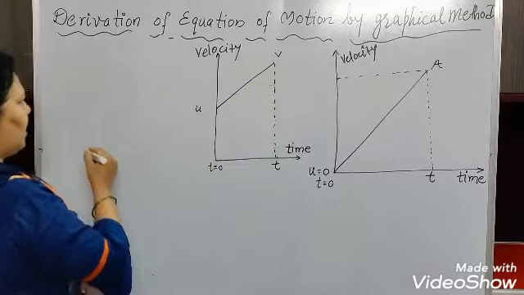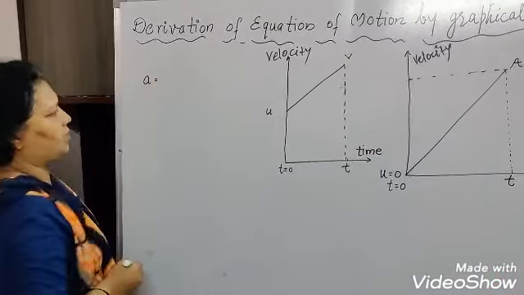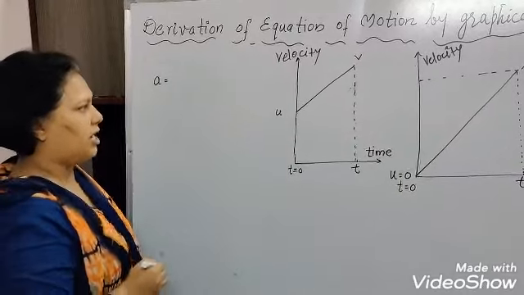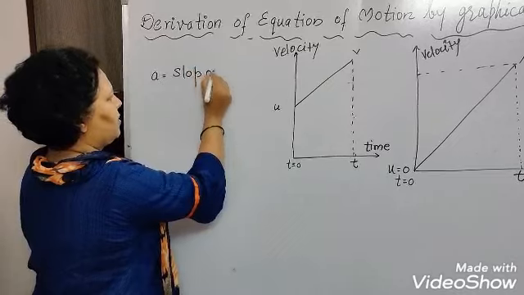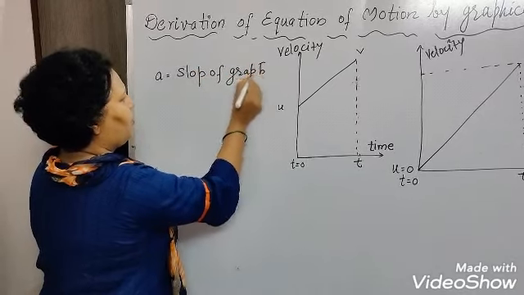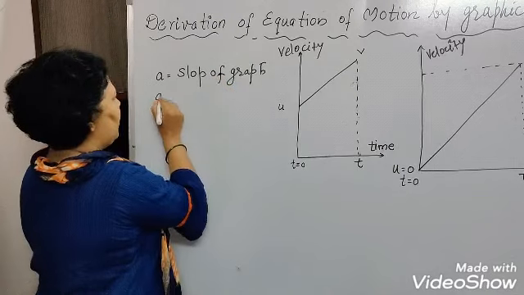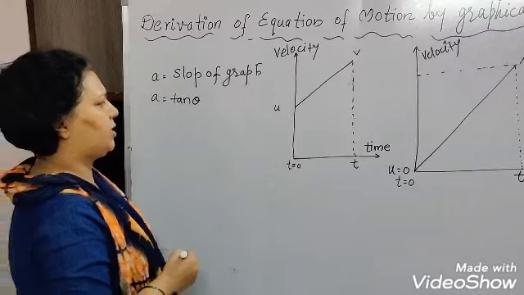That means the acceleration can be given by the slope of the graph, and the slope of the graph is tan theta.